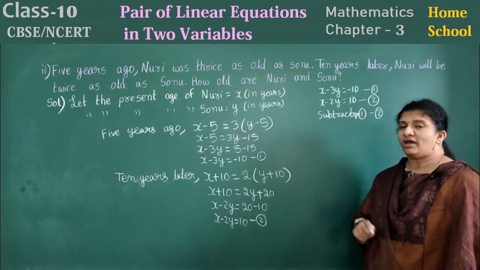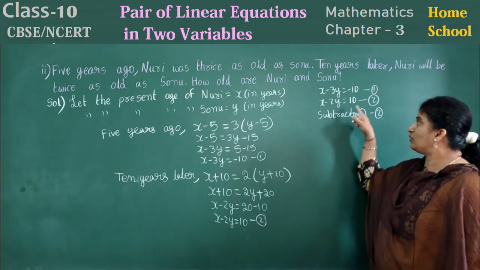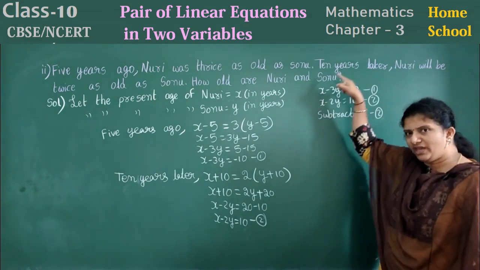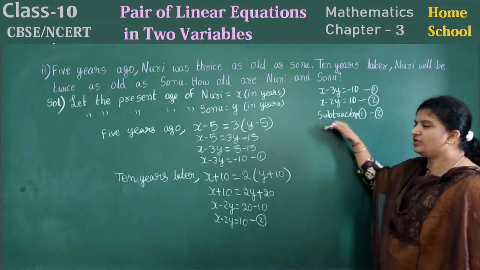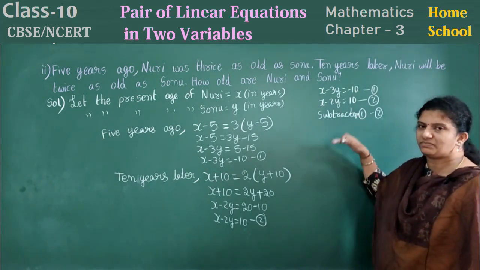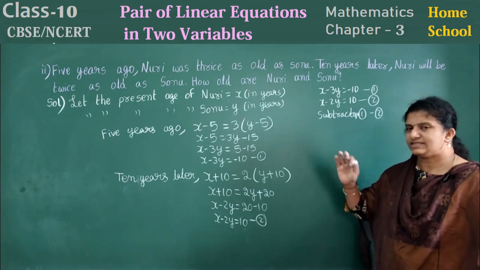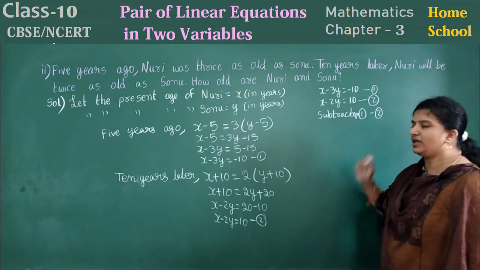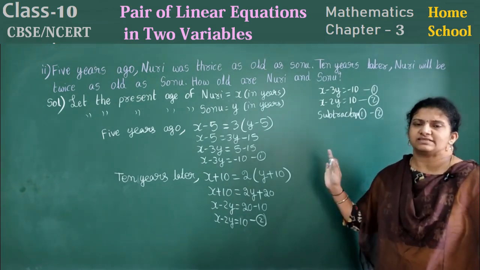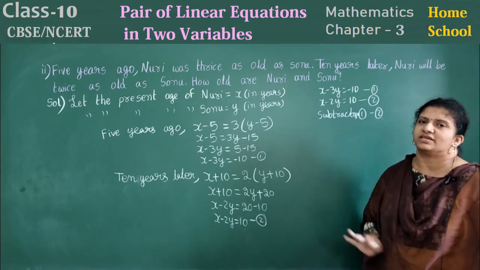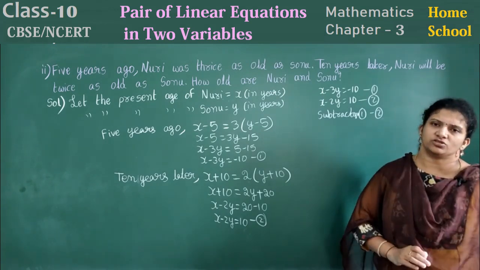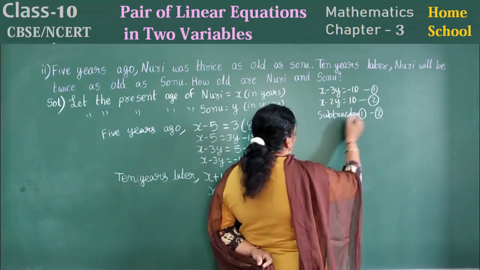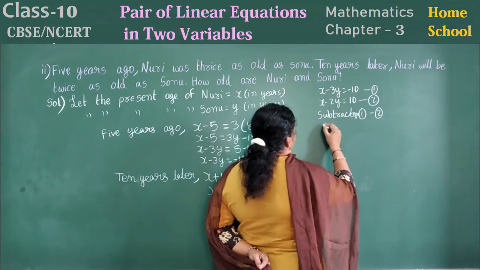But before problem I have said, subtract equation 2 from equation 1. From equation 1 means first you need to write one equation, then subtract the second equation. Same way I am interchanging the equation now. Just directly I say subtract equation 1 minus equation 2, or equation 1 minus equation 2 also you can write.